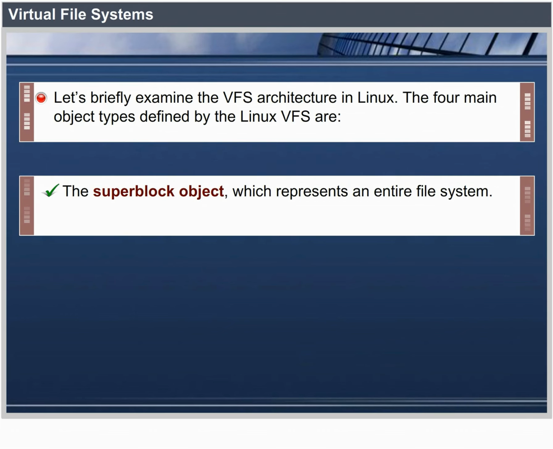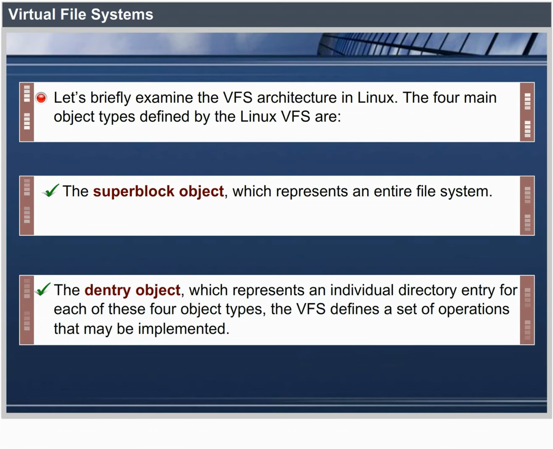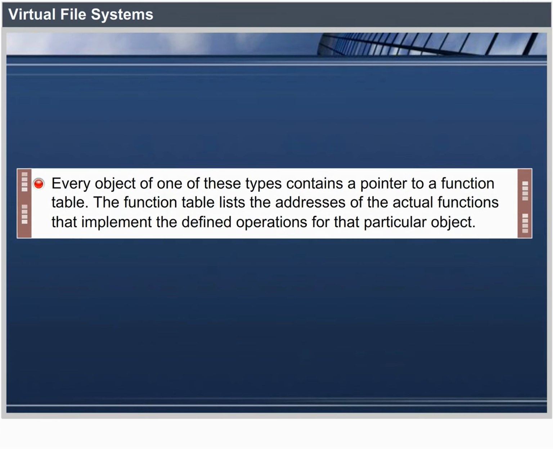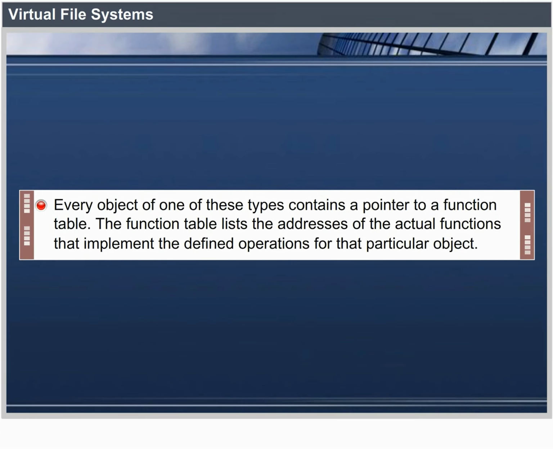For each of these four object types, the VFS defines a set of operations that may be implemented. Every object of one of these types contains a pointer to a function table. The function table lists the addresses of the actual functions that implement the defined operations for that particular object.